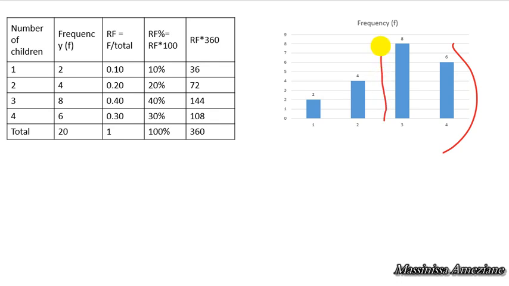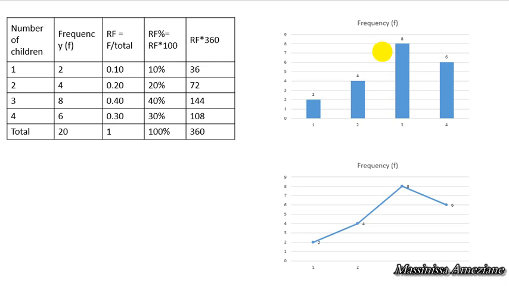For example, the families with 3 children, we have 8 families, the frequency is 8, so the height of this bar is the frequency. We can also draw the polygon.